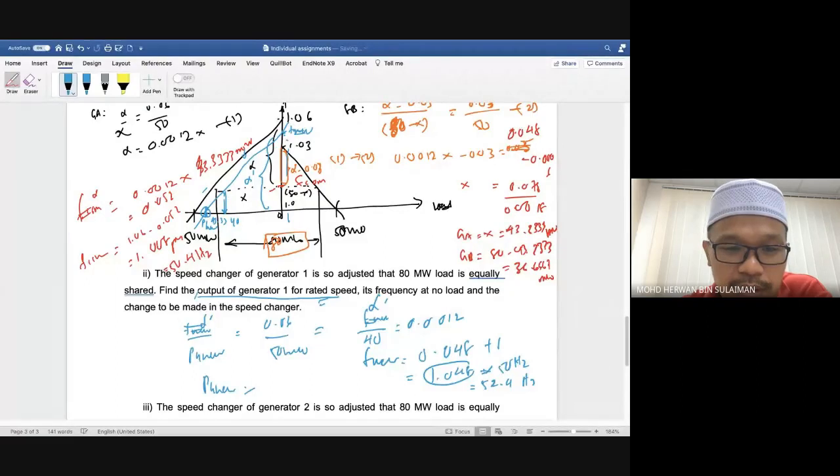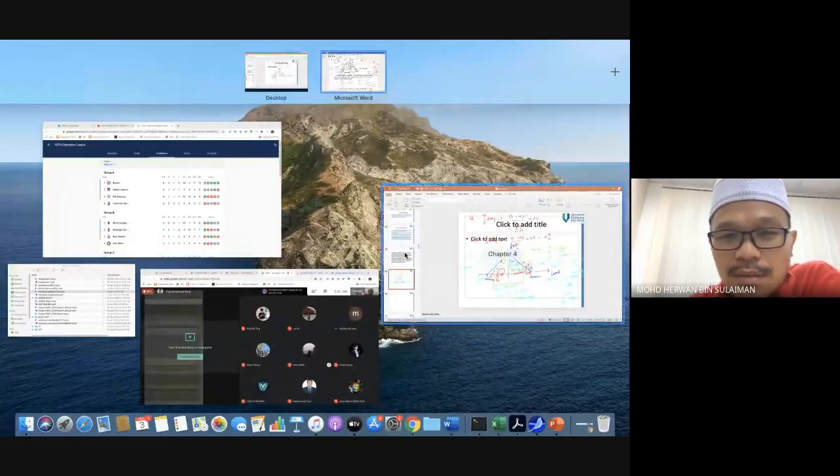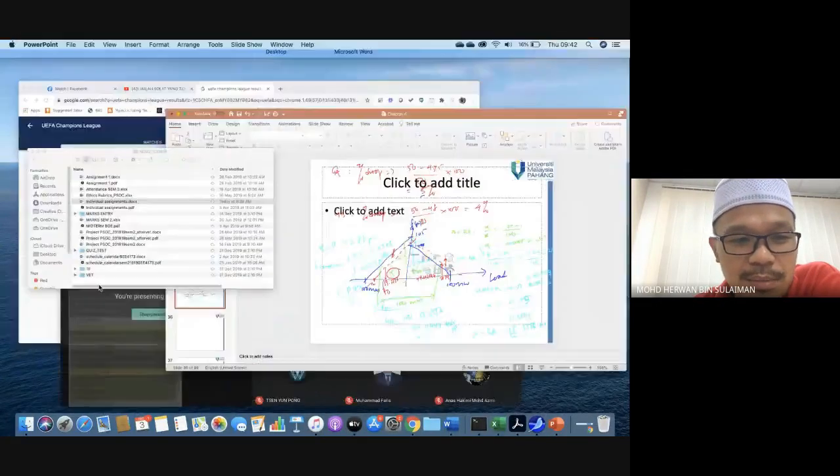So dia ialah, kalau sini 0.048, kalau betul lah 0.048. So yang ini max 1.048 lah. Saya pun tak ingat. Ya, saya cek balik jawapan dia. Kena cek balik jawapan.